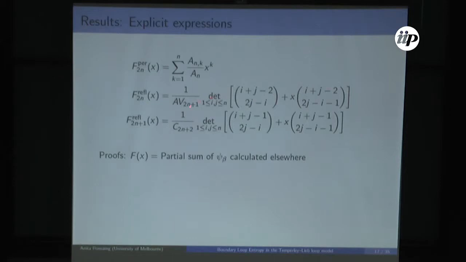And the fact that they're only determinant expressions, with the size of the matrix being the size of the system up to a factor of 2, is what makes it so hard to calculate the asymptotics exactly. If we had some way to get at the asymptotics of this determinant, then we would be very happy. But we haven't found it yet.